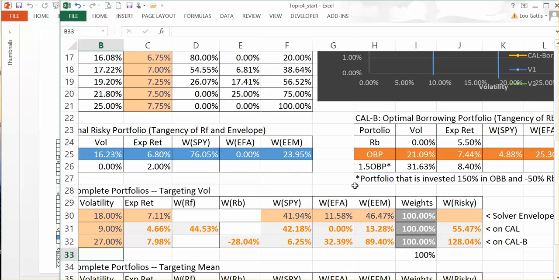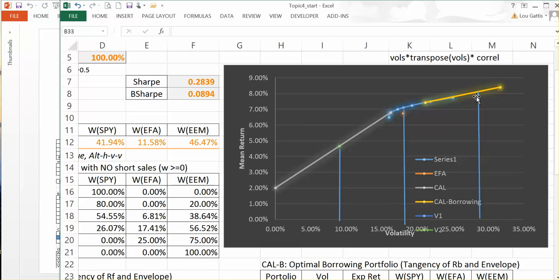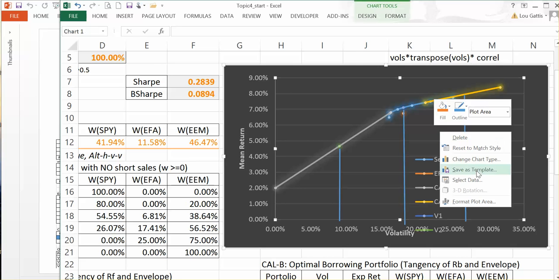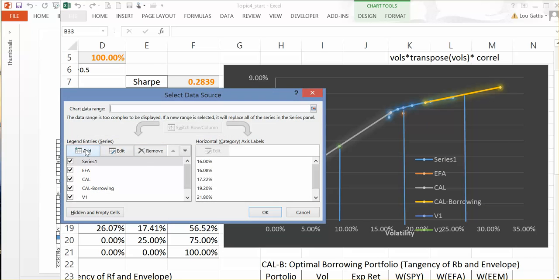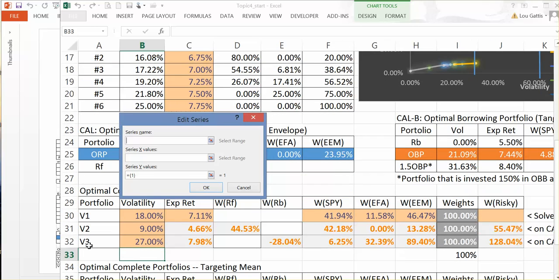If I want it, and let me add it to the graph, make sure it works, because it should show up right up here. As long as that's 27. 27 might be closer to here. So I'll do a right click, select data, add, portfolio V3 has a standard deviation and mean.